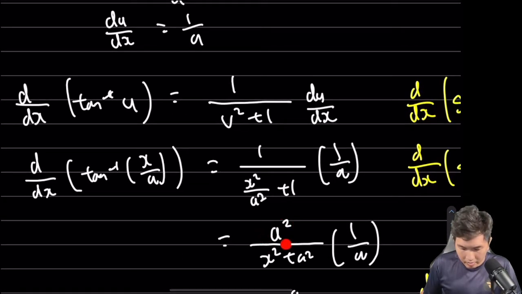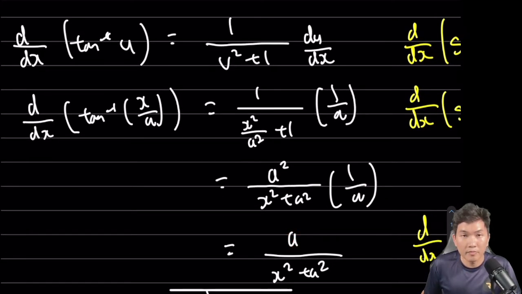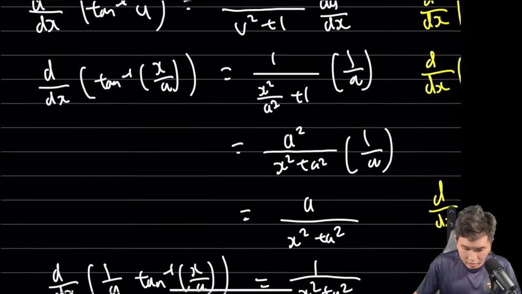Multiply by a squared here, multiply by a squared here. Then you notice that there's an a squared here and there's an a over here. It can cancel out to give me just a single a on top here. Again, not quite the form in MF26. What we have is 1 over x squared plus a squared. And you guessed it, we're going to divide by a on both the left-hand side and right-hand side of the equation.